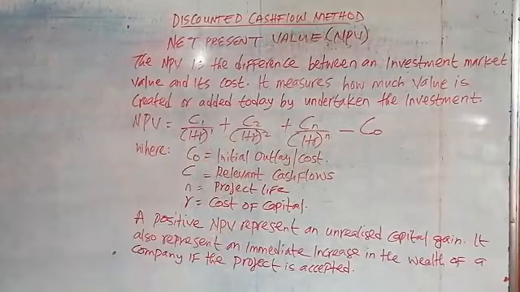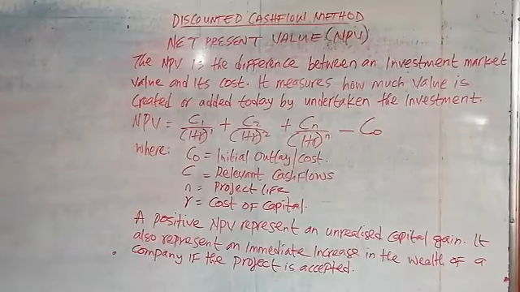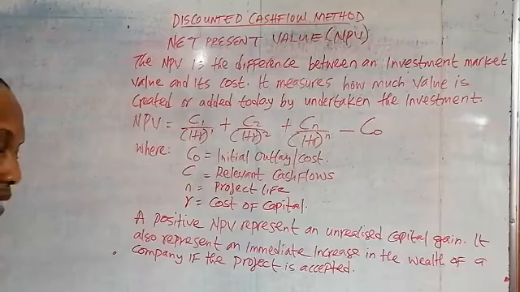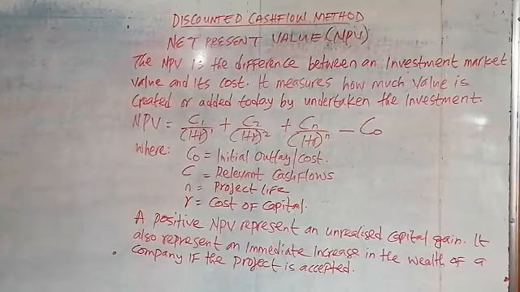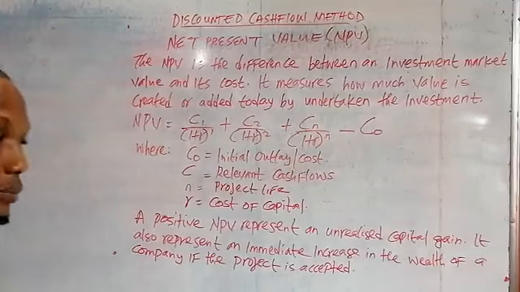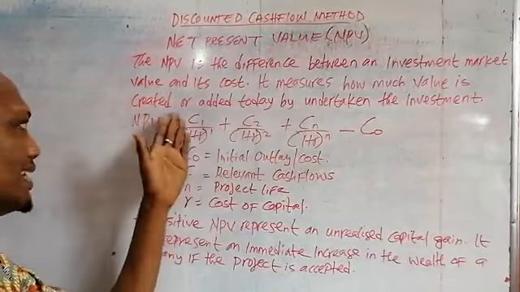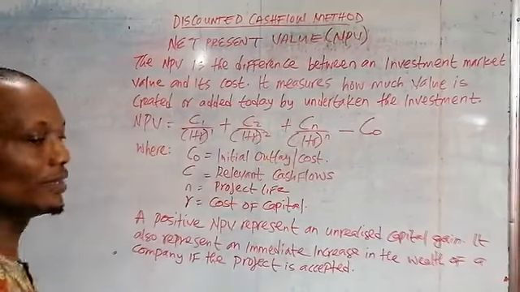The difference between the two is what is known as the net present value, because you bring the future cash flow down to the present day in order to know how much that future cash flow is worth. You bring the future back to the present. That is the net present value. It measures how much value is added or created, as the case may be, today by undertaking the investment.